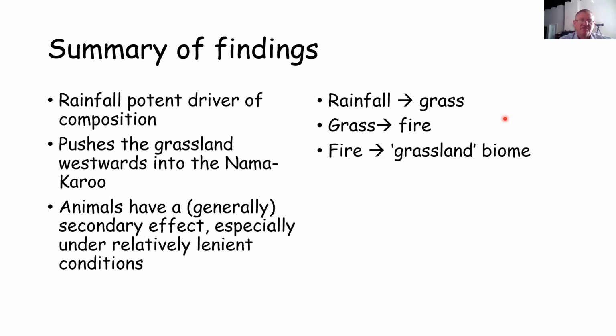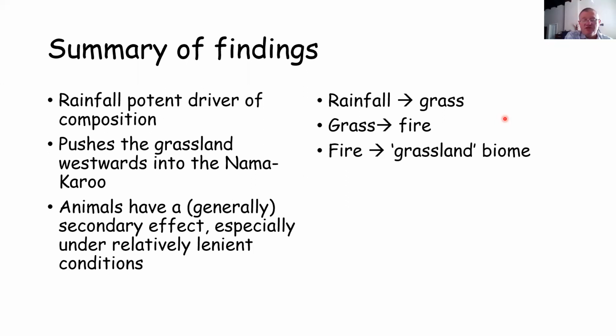And this increase in rainfall, when you have times of high rainfall, pushes the biome boundary, the grassland boundary, further west into the Nama-Karoo. And then during dry periods, we presume that the Nama-Karoo would punch further east into the grasslands.